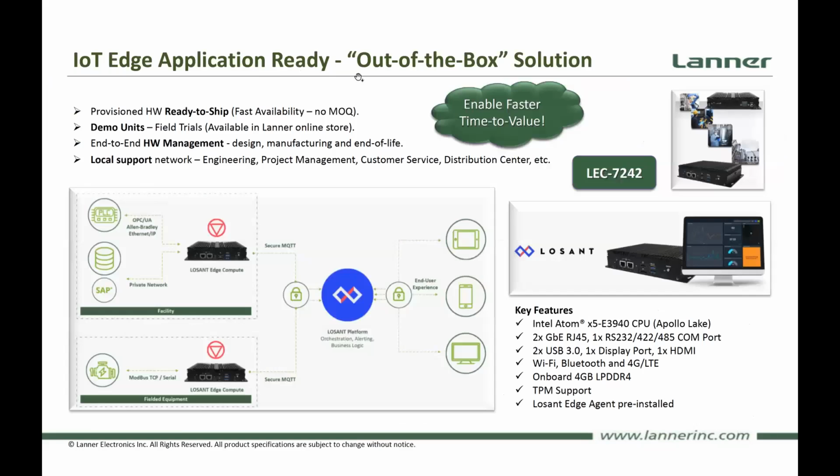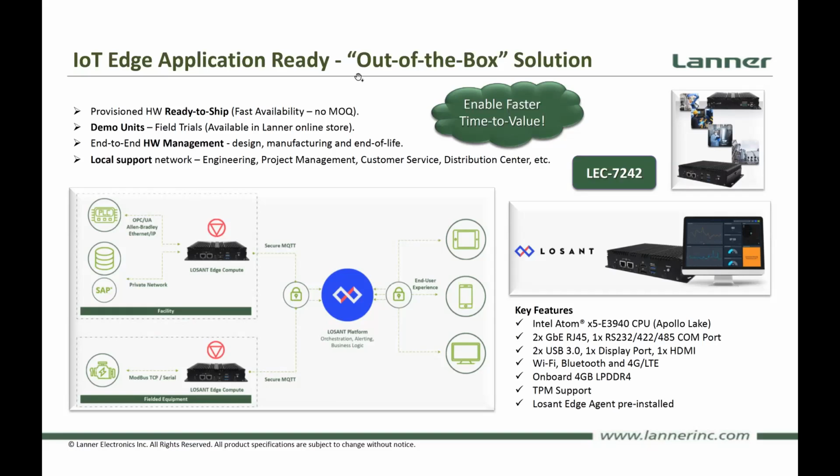Next slide, please. Again, this is a good example, the model 7242. Like I said, we have different models, but this one we've tested and provisioned on the Losant Edge Agent. It's a ready-to-ship solution.